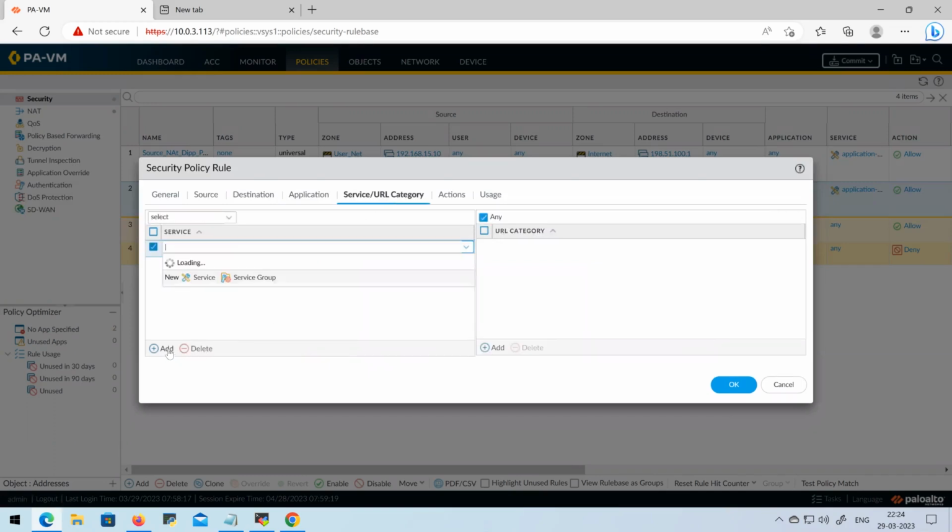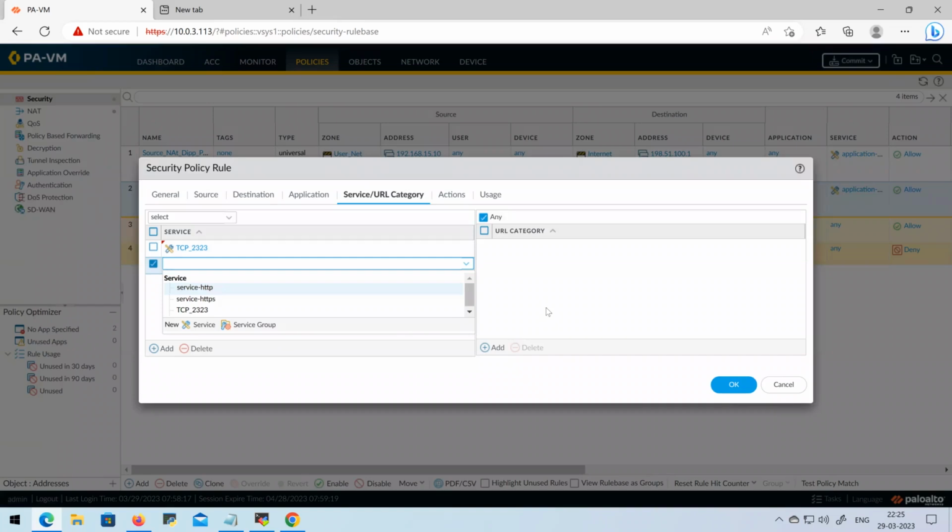Over here, for Telnet the service will be TCP 23, TCP 2323, right? Okay. And HTTPS, is it going to work? No, HTTPS you have to allow. No, why HTTPS? We are checking Telnet. Okay, Telnet is fine.